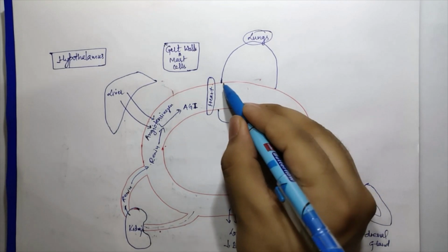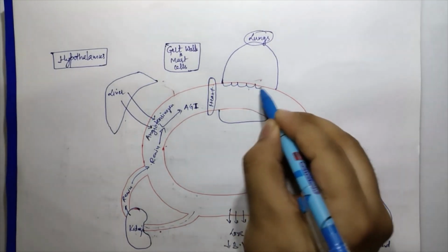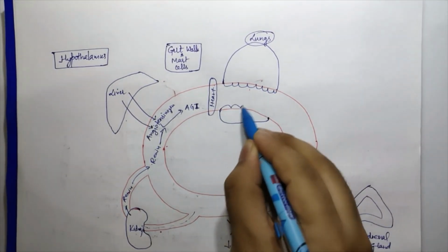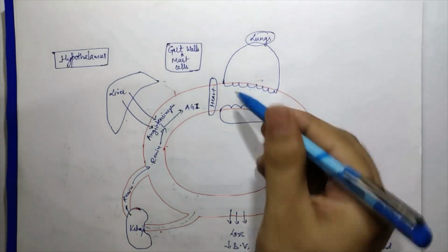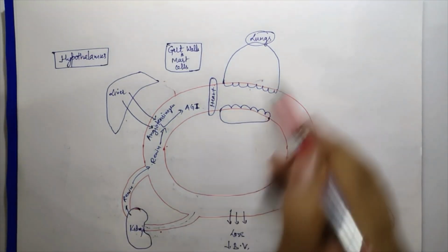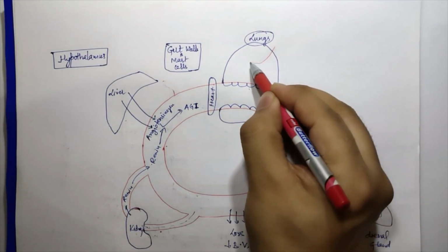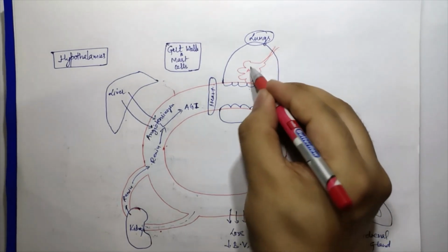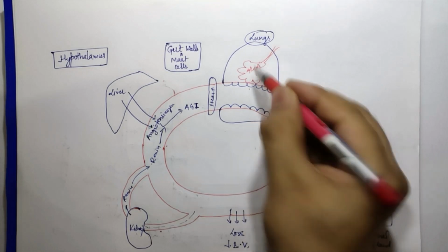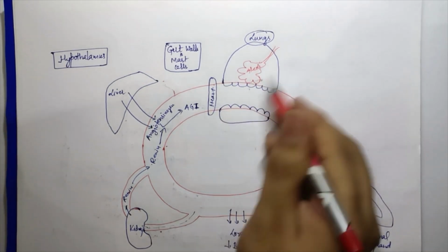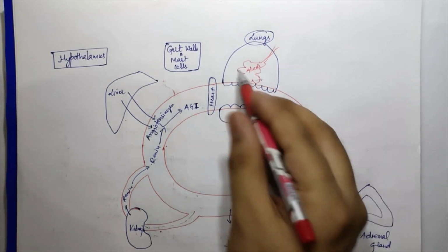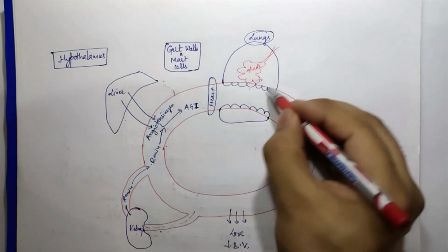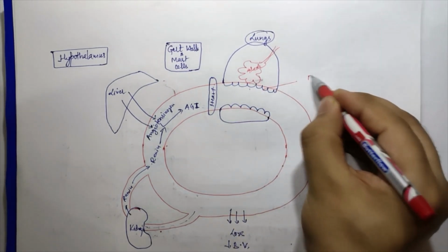And here the lungs have capillaries, and these capillaries are found in close proximity with the alveoli. And these capillaries have a specific type of enzymatic activity associated with their endothelial cells.